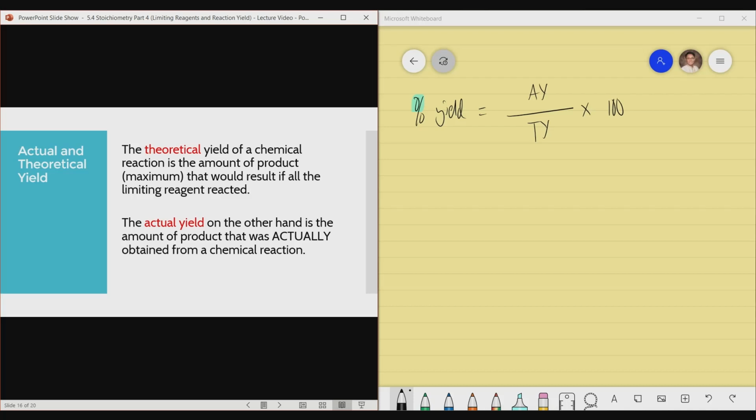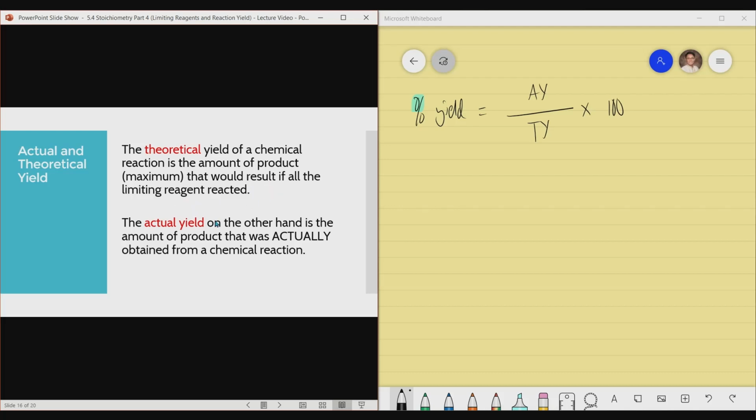Yung in theory or in writing, ganito kadami dapat o ito yung maximum na amount of product in percentage kapag lahat ng limiting reagent ay nagamit.